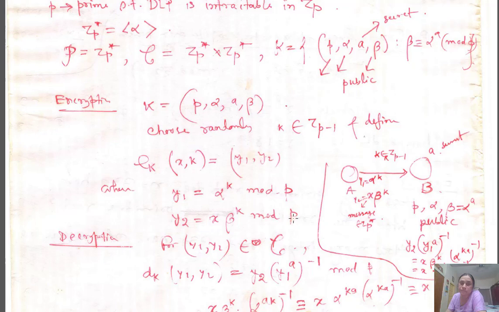Since we are introducing randomness, when the ciphertext y1, y2 is sent over the public channel, an adversary can see y1, y2, but using a brute force method the complexity of recovering the value of k or the plaintext is very high.